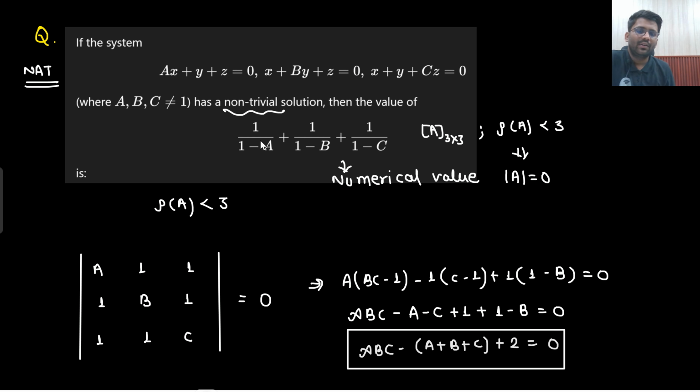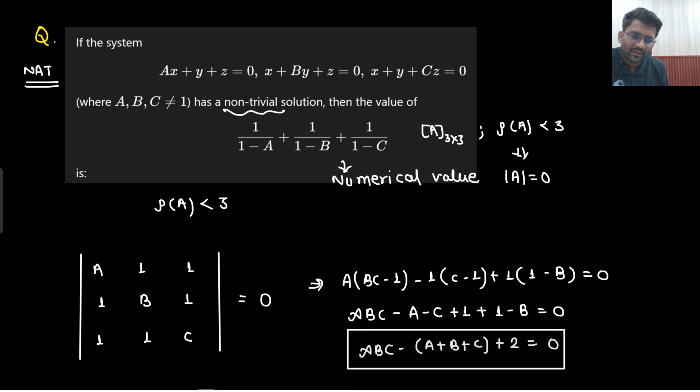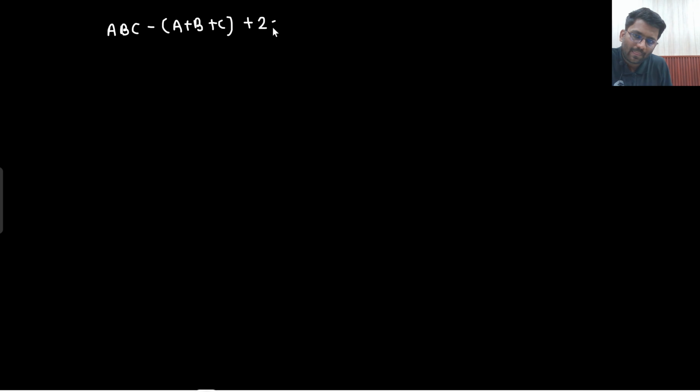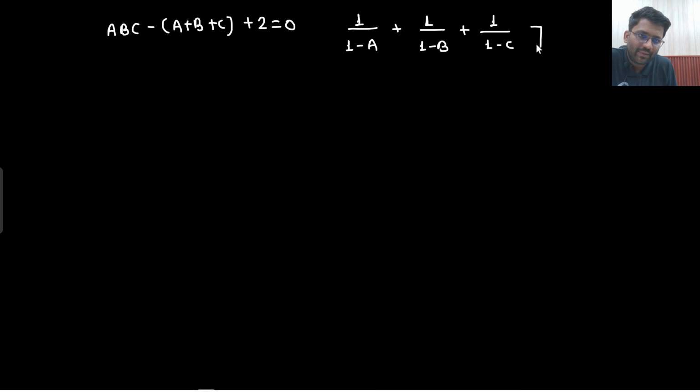Basically, this is the condition I have got: abc minus a plus b plus c plus 2 equals to 0. And you need to find the value of this thing. The answer will be a numerical value.